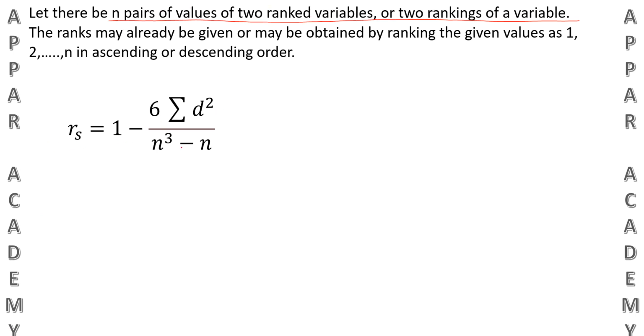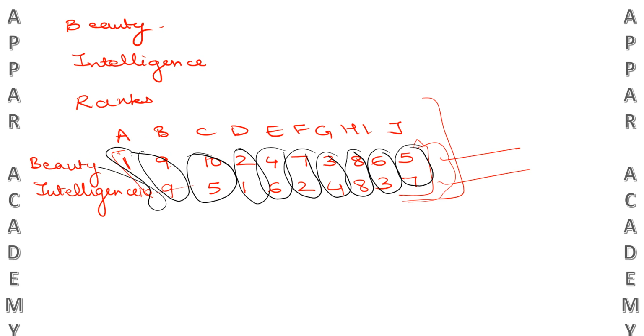Spearman's rank correlation coefficient is equal to 1 minus 6 into summation d square upon n cube minus n, where d refers to R1 minus R2. As in, suppose beauty represents R1 and intelligence represents R2.